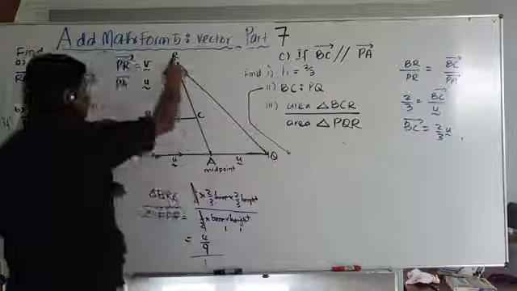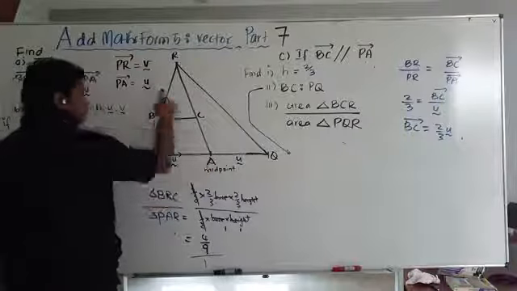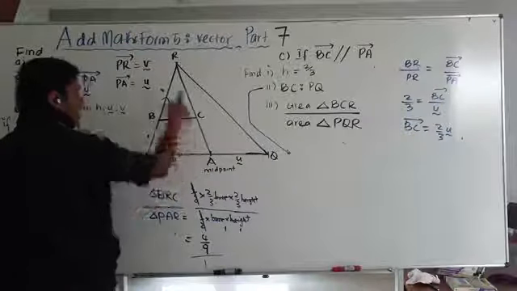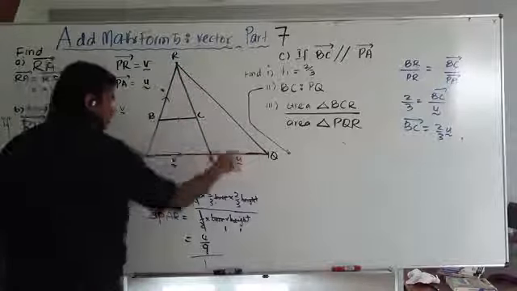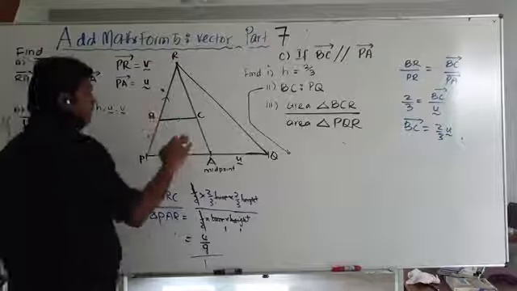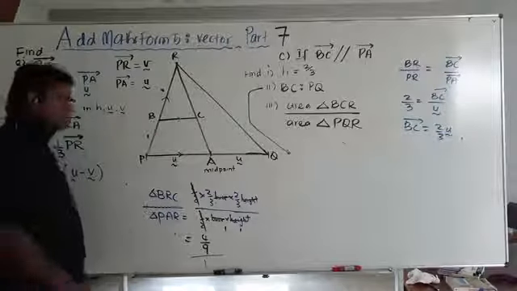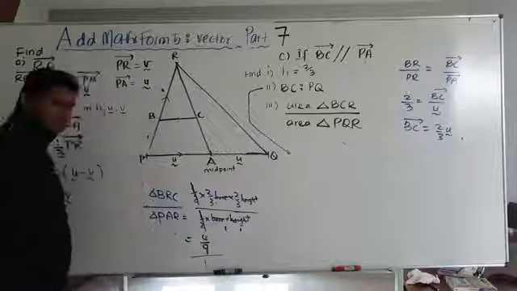Now, look at this triangle and this triangle. The small triangle PAR and PQR. These two triangles, the big triangle here and this smaller triangle here, the height is the same. So the only thing changing is the base. The base has become double.